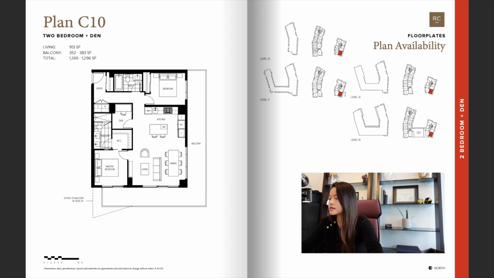Level 11, same corner, level 12, and level 13. So looking at this floor plate, you can tell that this is a 2-bedroom corner unit.